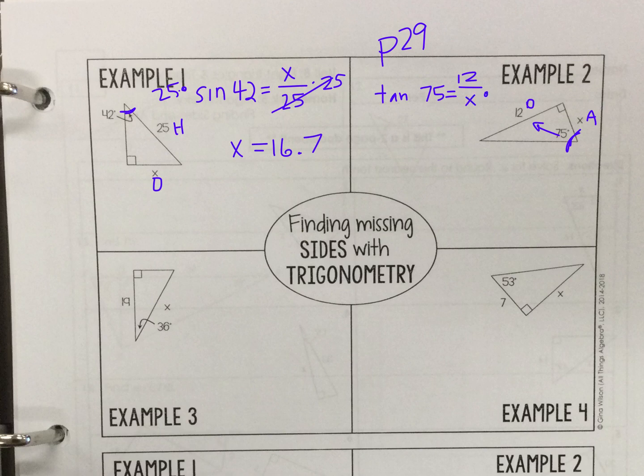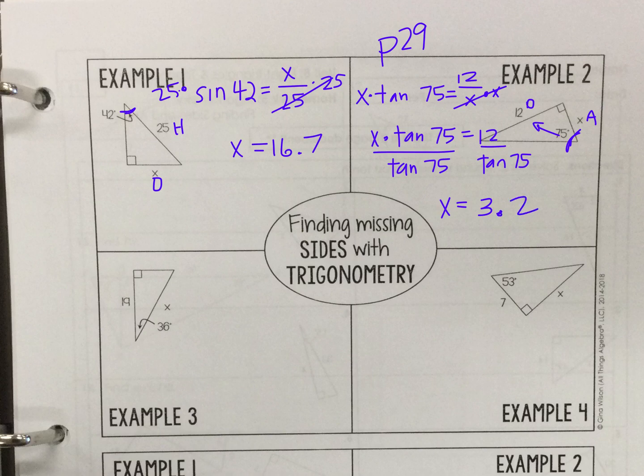When I have this, I need to get rid of the fraction. So I'm going to multiply both sides by x. Now I have x times the tangent of 75 equals 12. Now I'm just going to divide both sides by the tangent of 75. And I end up, 12 divided by the tangent of 75 is 3.2.